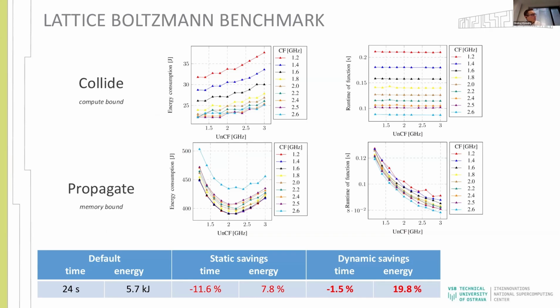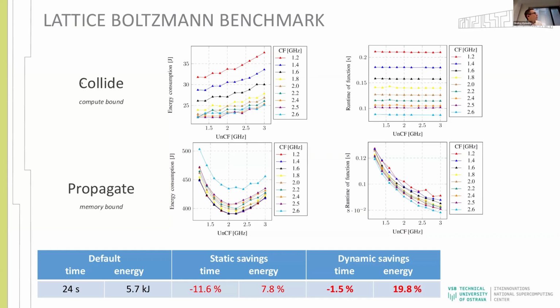So there were some 8% of energy reduction, while the runtime was impacted by about 12%. However, if the frequencies, both of them, in this case core and uncore again, are switched for each region to fit what's really the optimum for each of them, then the energy was reduced by about 20% with a very small runtime penalty.